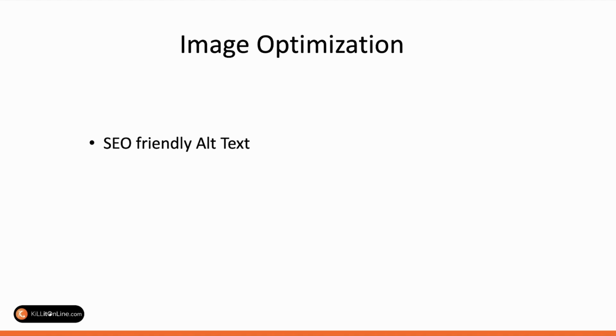So if it's a picture like we were just talking about in the previous example, a picture of cleaning a carpet, then instead of just writing carpet, the description would be residential carpet cleaning service, and maybe the city name or the name of the suburb, residential carpet cleaning service, Alpharetta, and that will help you get better results than just the word carpet or carpet cleaning.